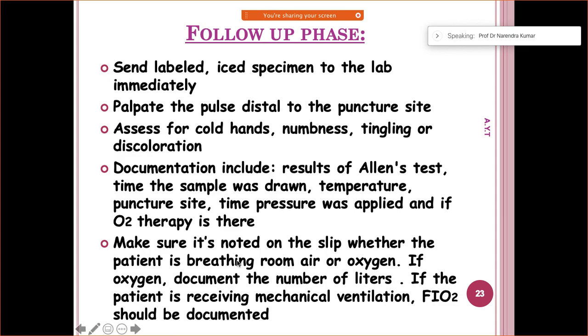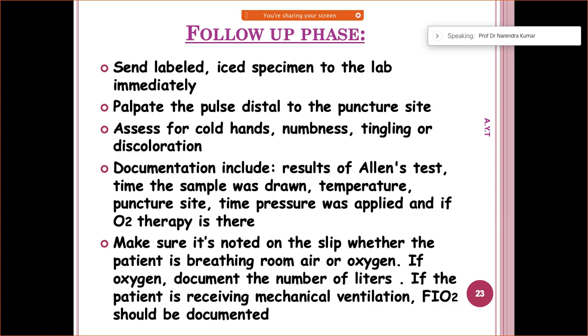And as I said already, make sure it's noted on the slip whether the patient is on room air or oxygen, and how many liters of oxygen the patient is on.